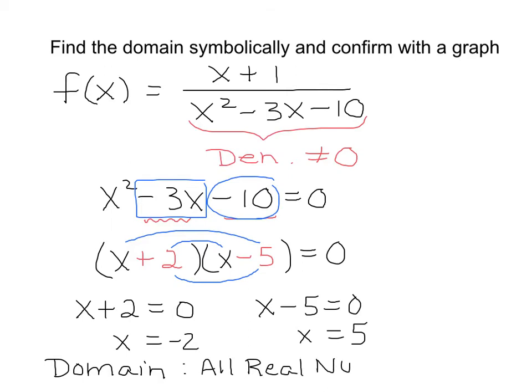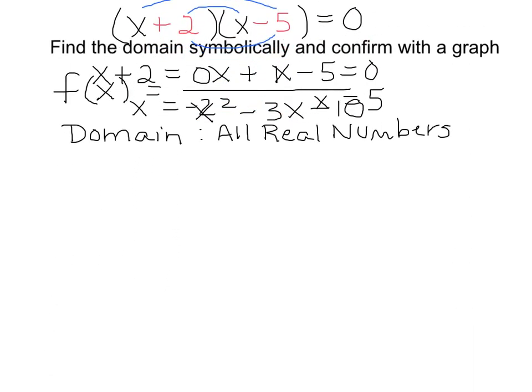So all real numbers except x equal negative 2 and 5.